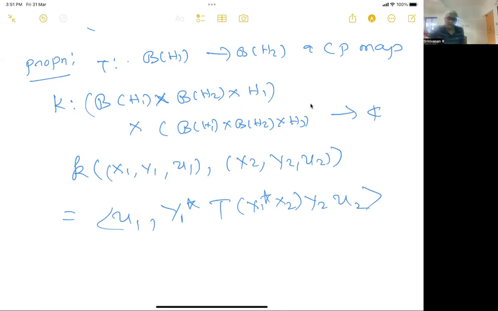This is a number, right? What is the last Hilbert space in the second? B(H_1) to B(H_2). Sorry, this is also H_1. You have to take the same thing, S cross S, where S is that, that's what I said. So this is positive definite.